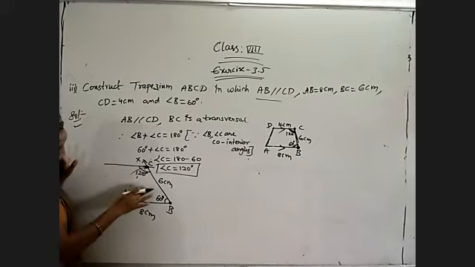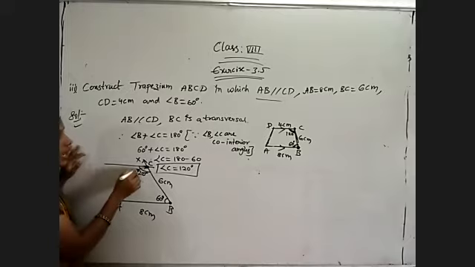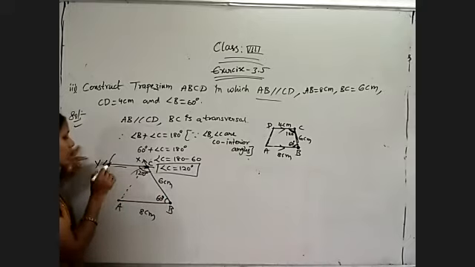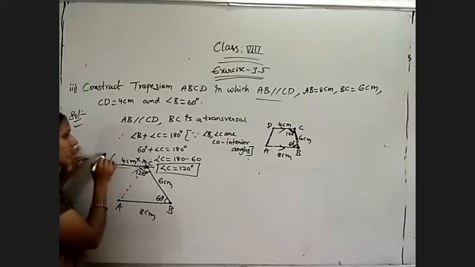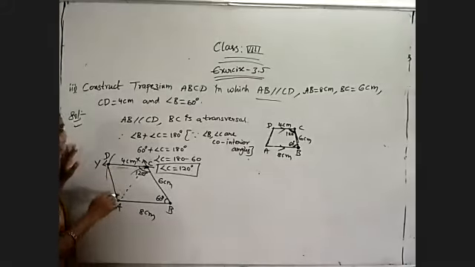Now, because I am drawing roughly, that's why we are not getting a proper trapezium. Okay, 120 degrees and CD of 4 centimeters. So ray CY making 120 degrees with line segment BC, and with C as center and 4 centimeters radius, cut the ray CY at D. Now join AD. That's the trapezium, whatever trapezium we need, that one we will get.